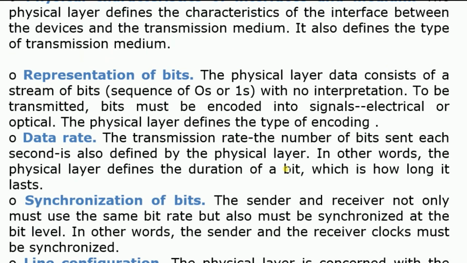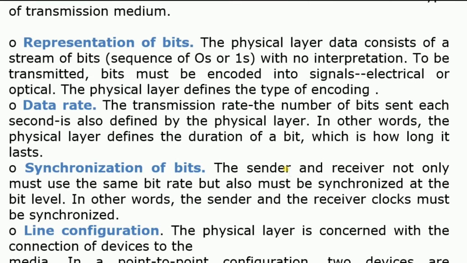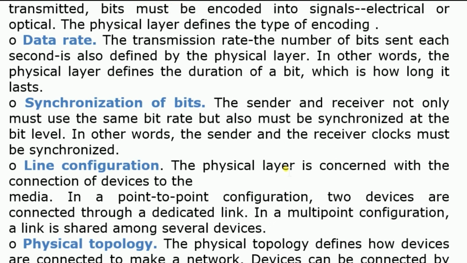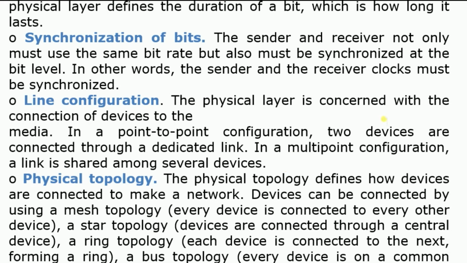Representation of bits which are in the data, and the data rate, that is transmission rate, and synchronization of bits. The sender and receiver not only must use the same bit rate but also must be synchronized at the bit level.